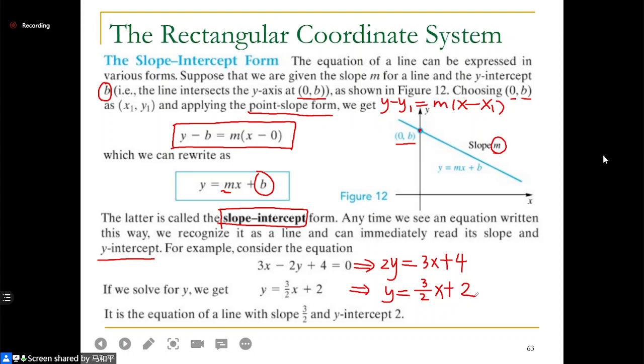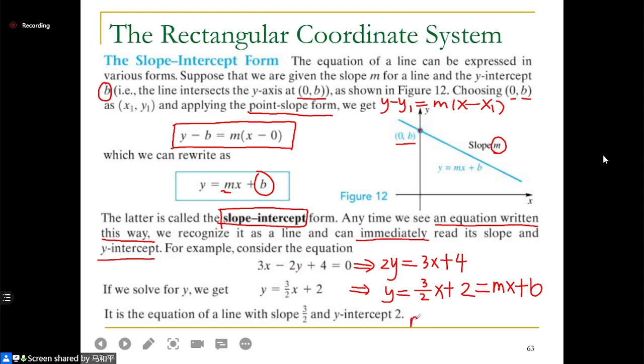Anytime we see an equation written this way, y is mx plus b, we can immediately read its slope and y-intercept.